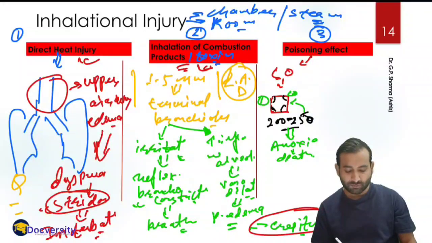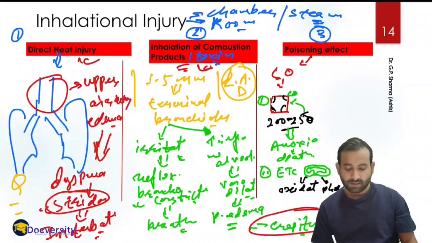The second mechanism of carbon monoxide is that it goes to the ETC in the mitochondria, right? Once it goes into the ETC in the mitochondria, it causes the separation of oxidation and phosphorylation. That means oxidative phosphorylation is dissociated. Oxidation goes on, but phosphorylation does not take place.